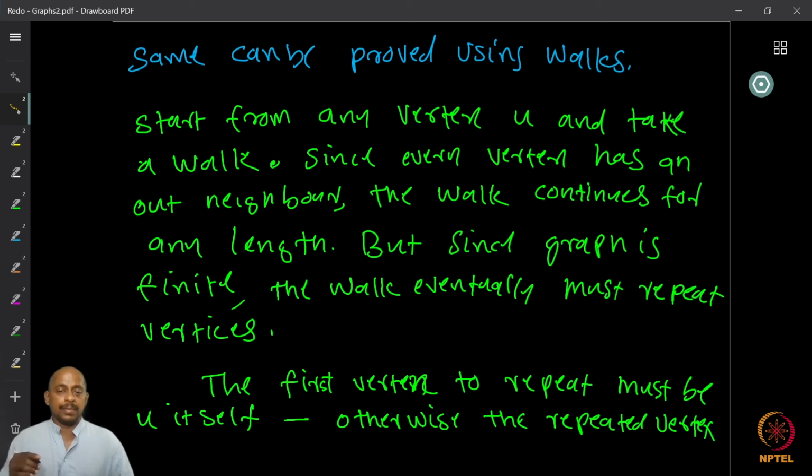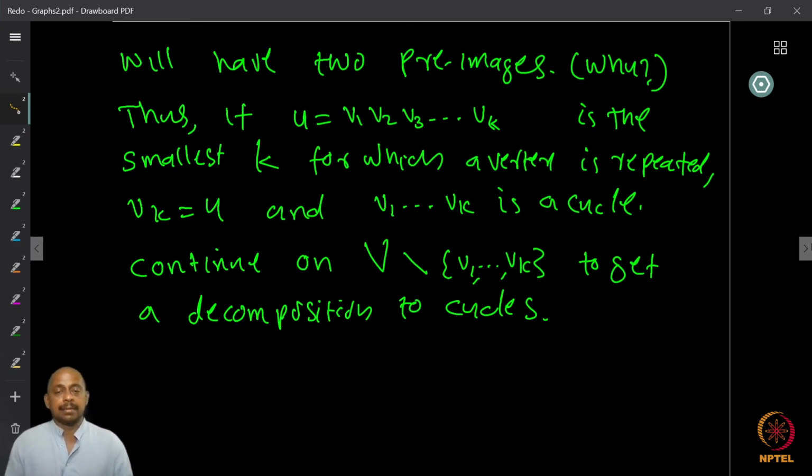Then, if you look at the vertex v, we already had an incoming edge from u, and then the outgoing edge that we took as part of the walk, and then coming back without visiting u means that I am having another incoming edge to the vertex v. So I have two incoming edges, so the in degree is at least 2. But we said that the in degree is exactly 1 because it has a unique pre-image.